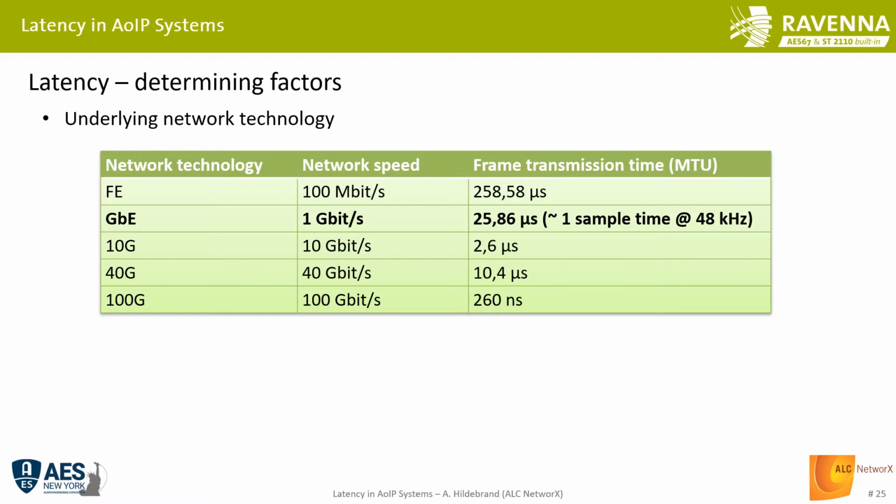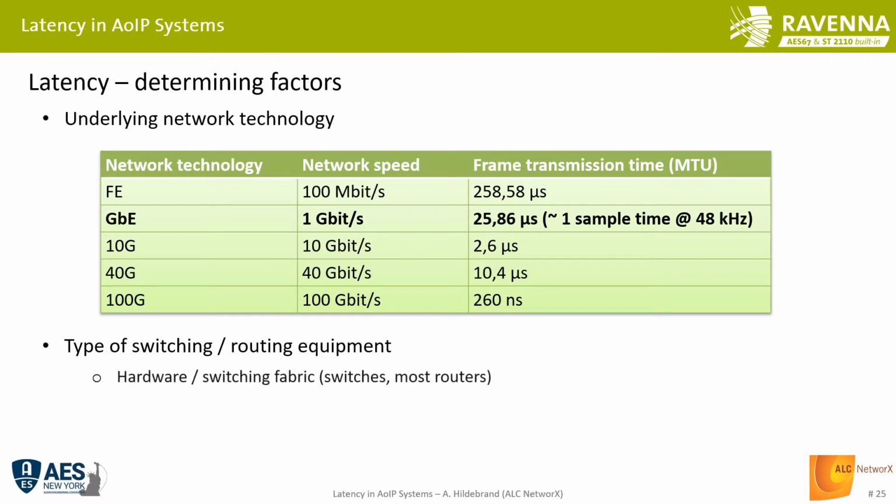And then of course the type of switching or routing equipment also is a determining factor, but it's less deterministic actually. What types do we have? Most of these days in switches we have hardware-based systems. They employ switching fabrics which barely have any delay at all.